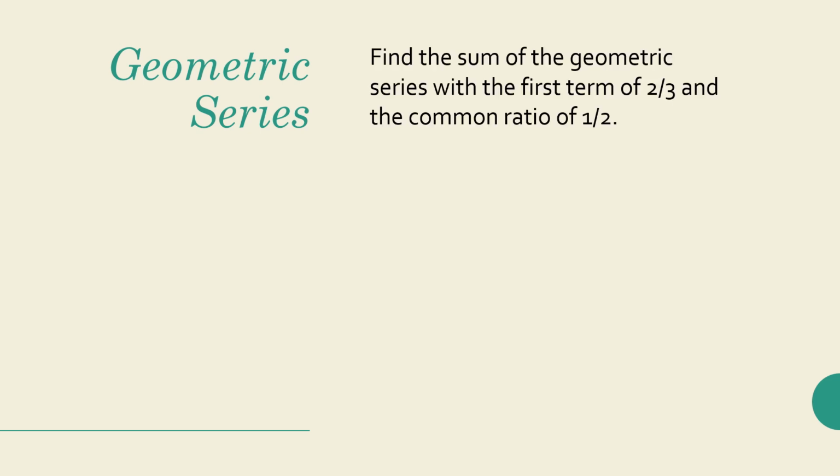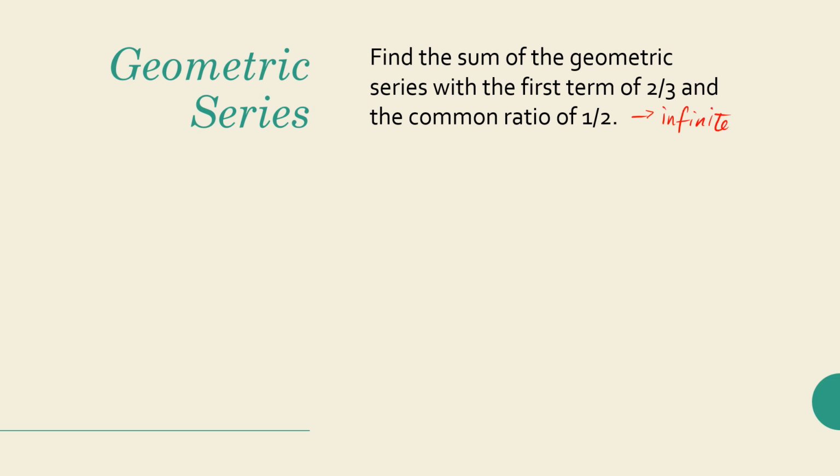Find the sum of the geometric series with the first term of 2/3 and the common ratio of 1/2. First question. In this problem, is this finite or infinite series? If you said infinite series, then this is correct. What's the reason why this is infinite?